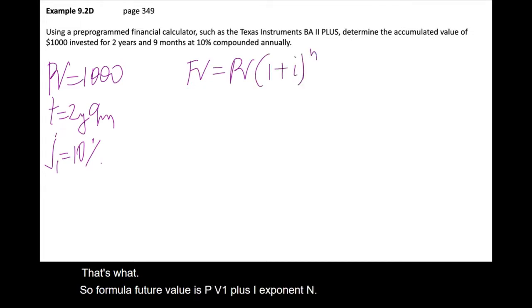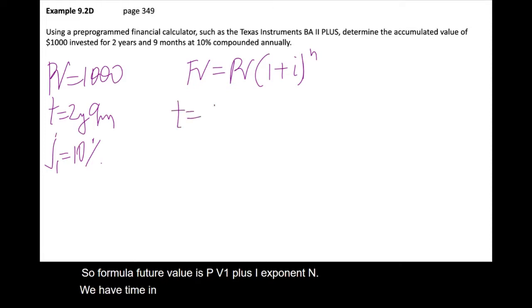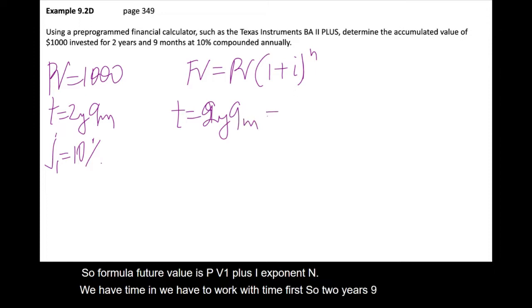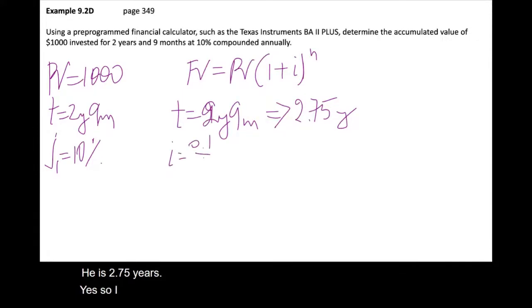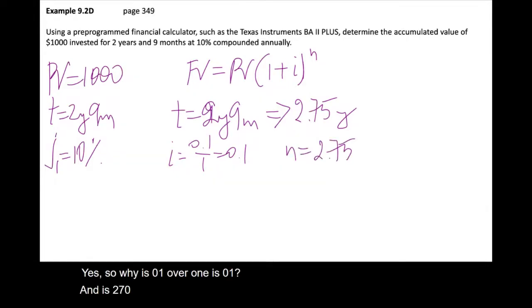We have to work with time first, so 2 years 9 months is 2.75 years. So i is 0.1 over 1, which is 0.1. n is 2.75 times 1, which is 2.75.